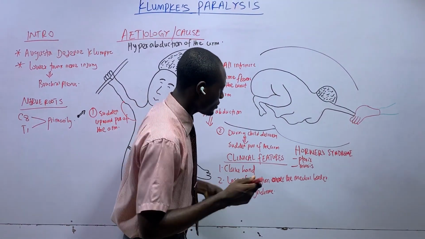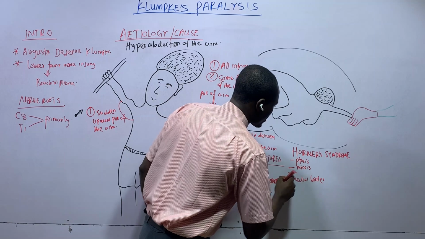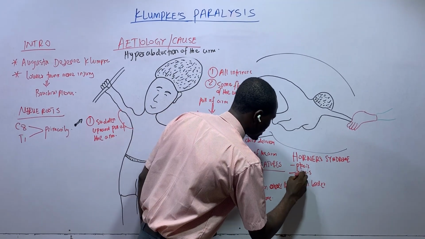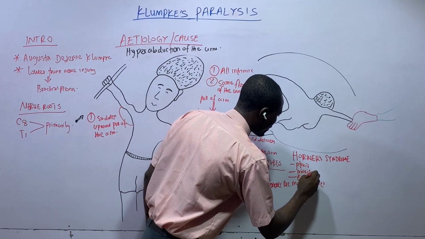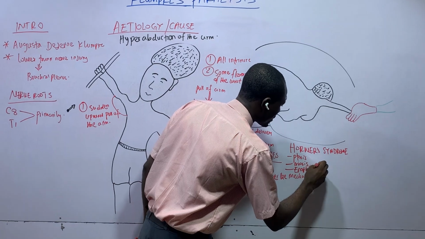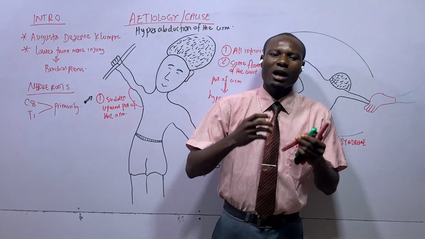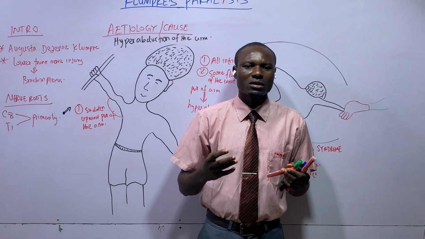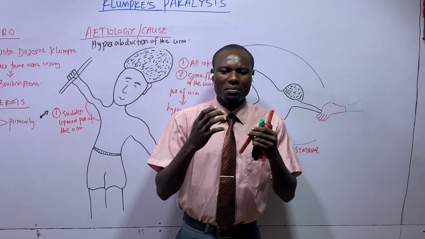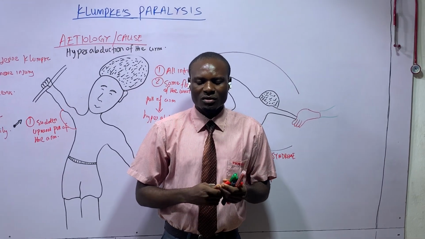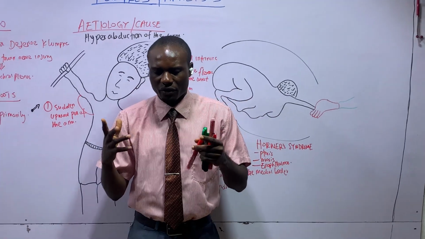All right. So there's also enophthalmos. Enophthalmos is a form of sinking of the eyeball into the orbit. And what causes that enophthalmos?